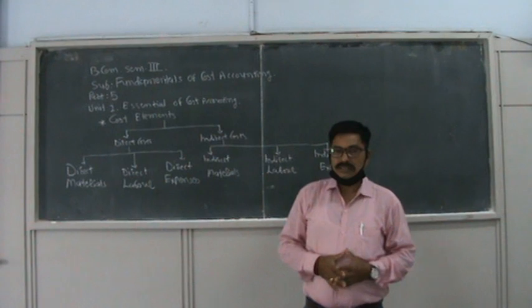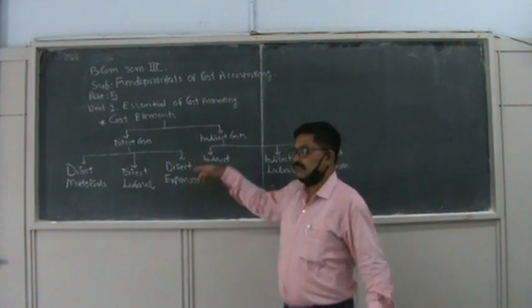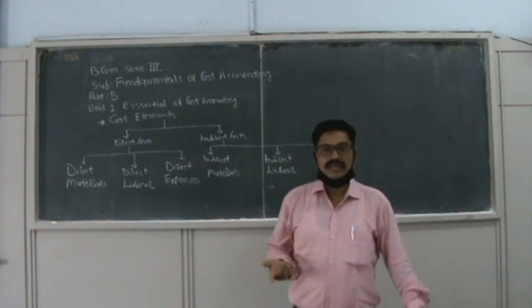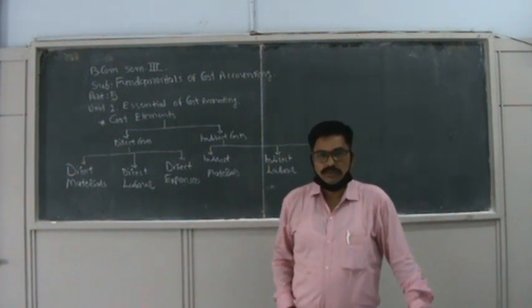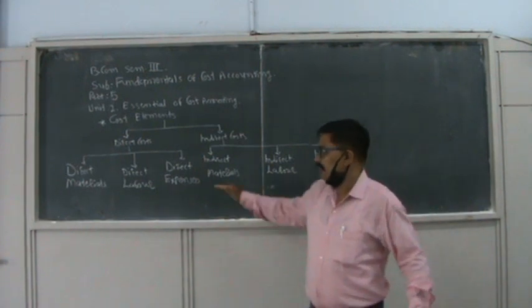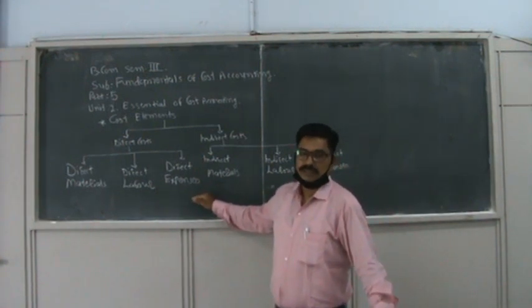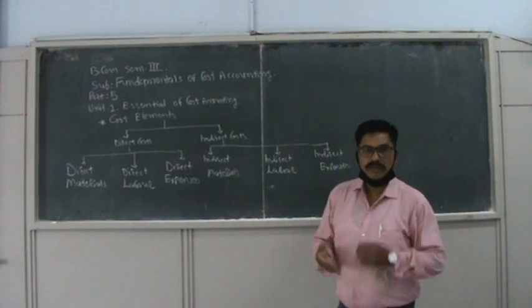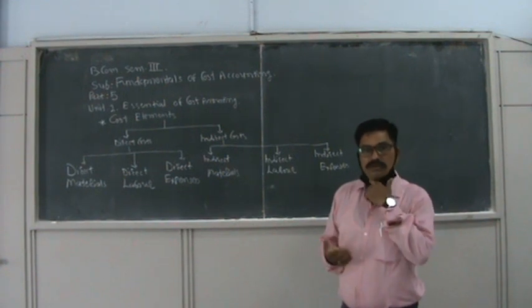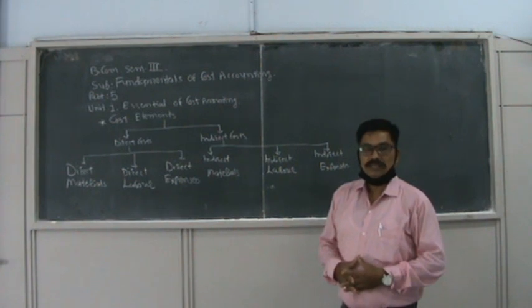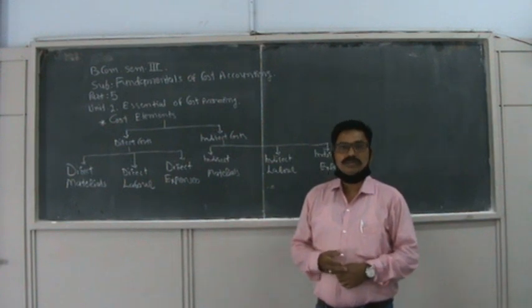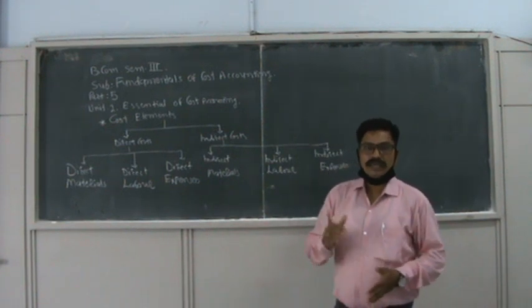So here the cost elements are direct cost, indirect cost, production overhead, office and administrative overhead, and selling and distribution overhead. Generally direct cost means prime cost. Prime cost plus production overhead is equal to works cost, plus office overhead gives office cost.